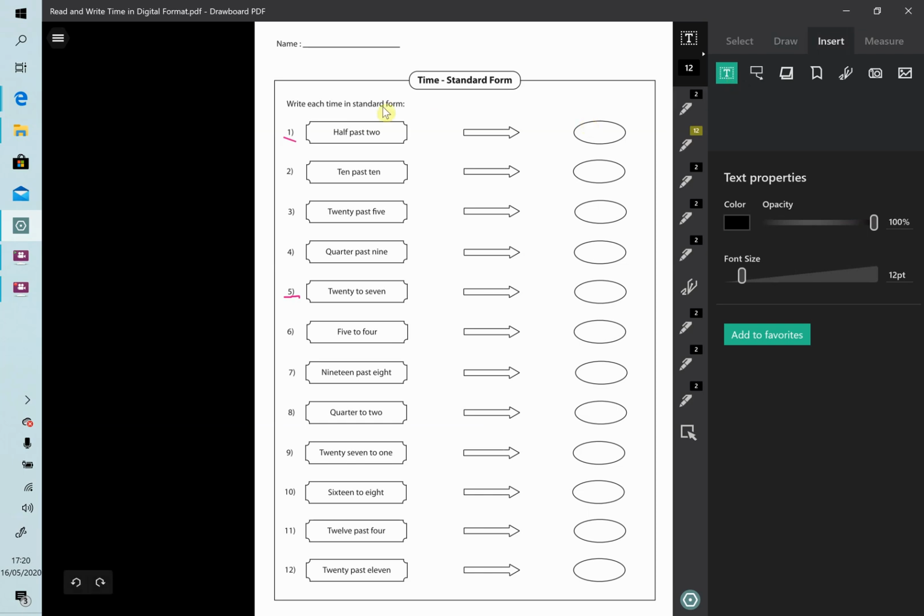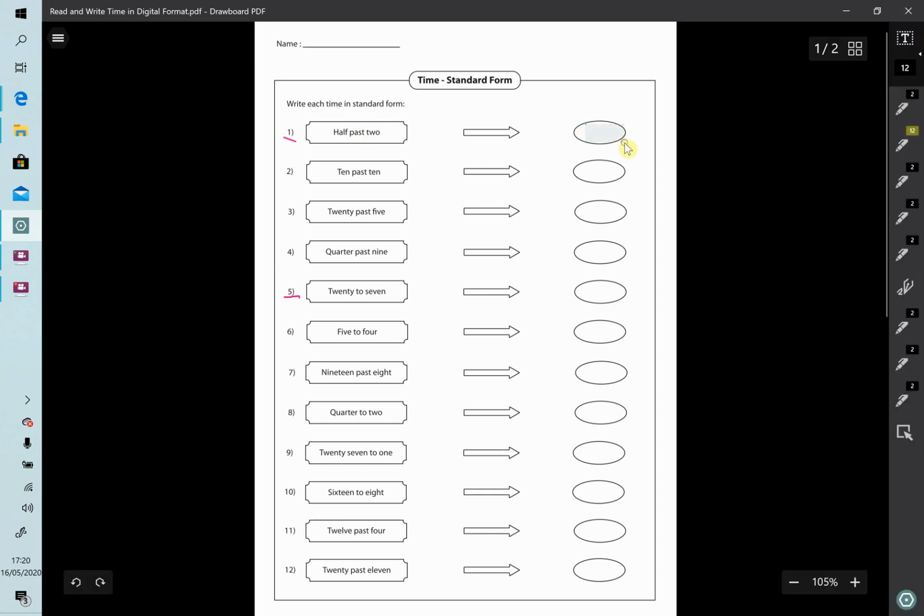All right. So over here it is 2:30. For the time being, you don't know if it's 2:30 in the afternoon or PM, or if it is 2:30 in the morning. It doesn't really matter for the time being. All I want you to make sure is that you know how to write it in digital format. So it is 2:30.